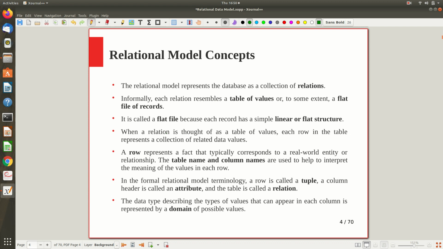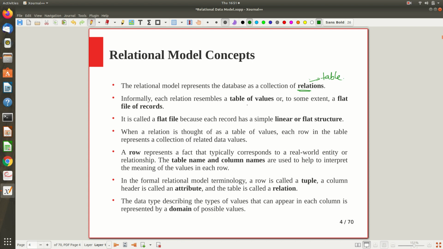Now some more concepts about it. The relational model represents the database as a collection of relations. In a database system, each individual database is represented by some kind of table structure. Typically a relation has a table structure, and the meaning is the normal mathematical meaning of relation, which is applied here also; how this is related to the table structure we will see.